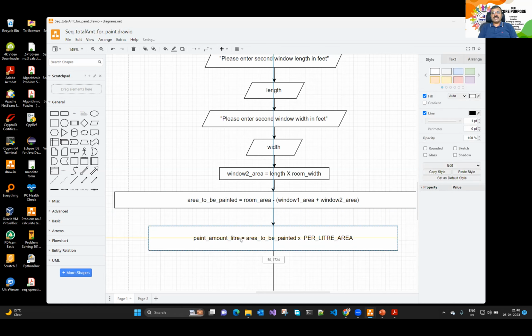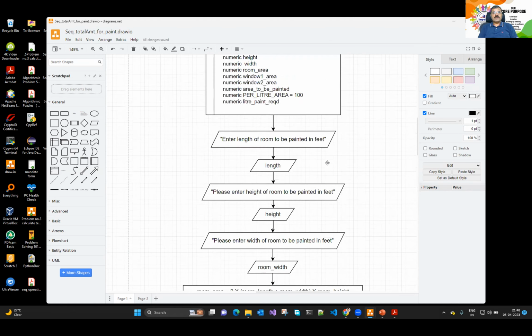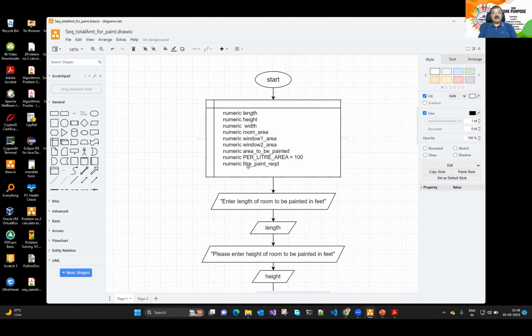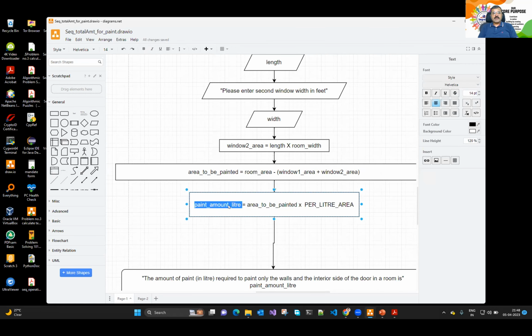Now once we know what's the area to be painted, the amount of paint required in liters. So the formula variable was liter paint required.